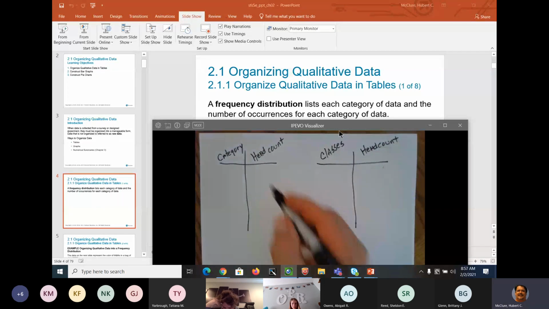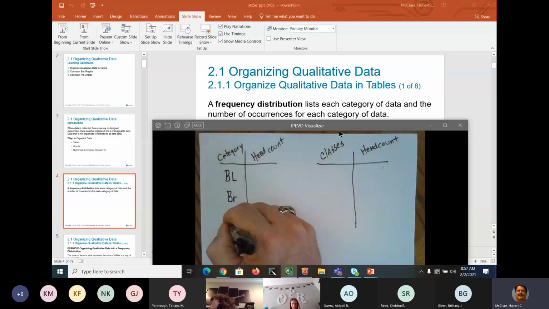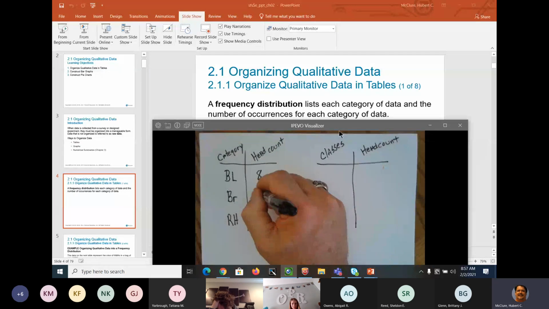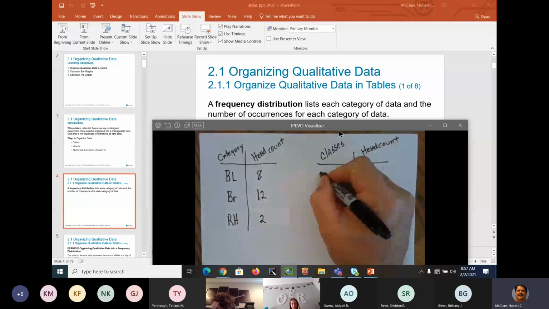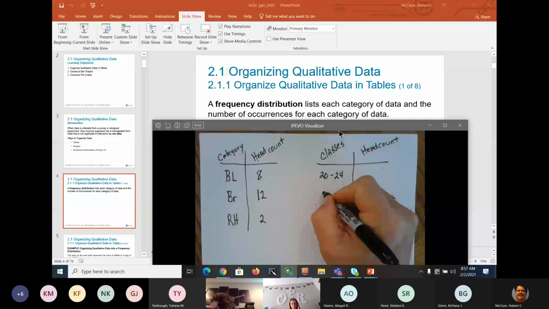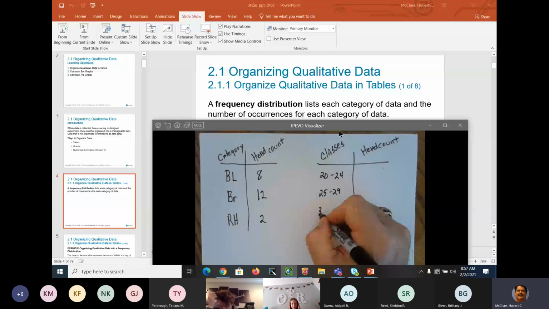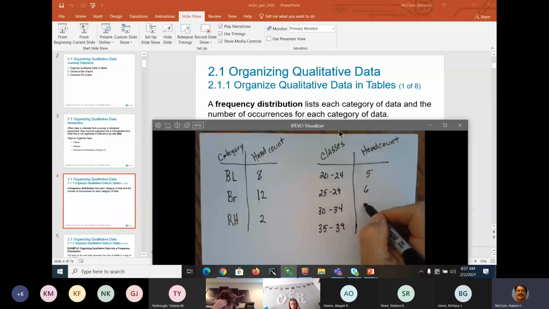Over here, we've got blondes, brunettes, and redheads: 8, 12, 2. And over here, we've got 20 to 24, 25 to 29, 30 to 34, and 35 to 39: 5, 6, 7, 2.